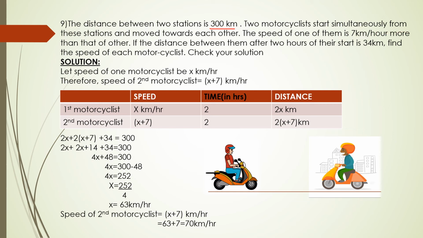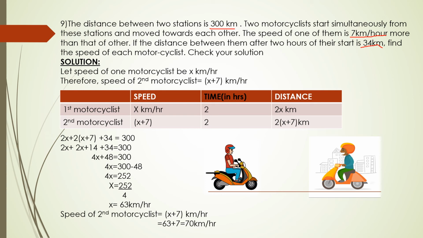If the distance between them after 2 hours of their start is 34 km, means when they start, if the distance is calculated after 2 hours between them, it is 34 kilometer. Find the speed of each motorcyclist and check your solution.